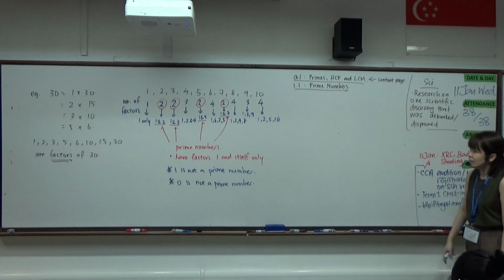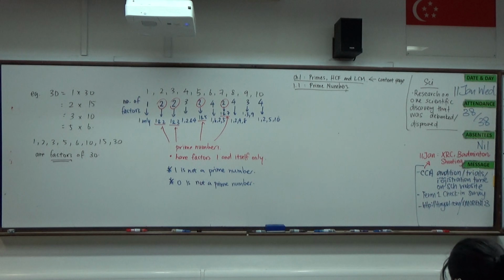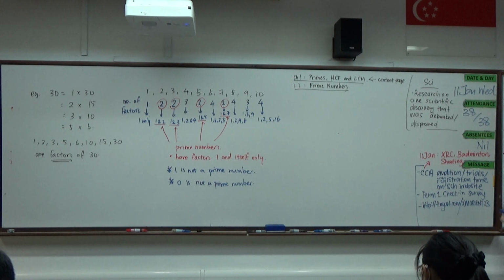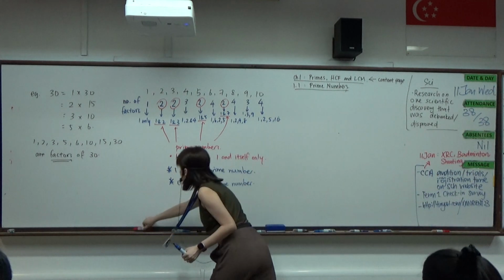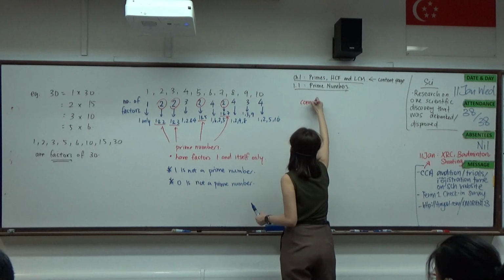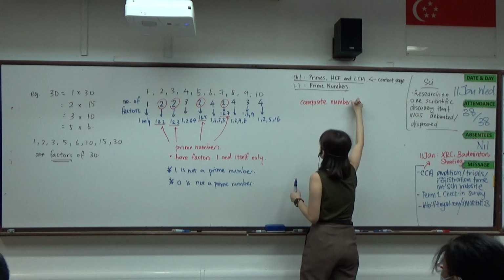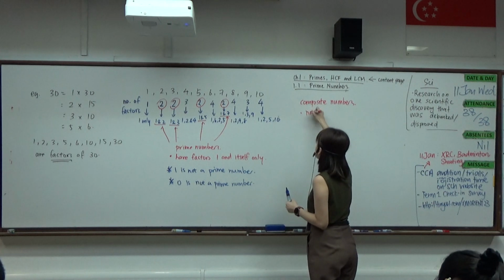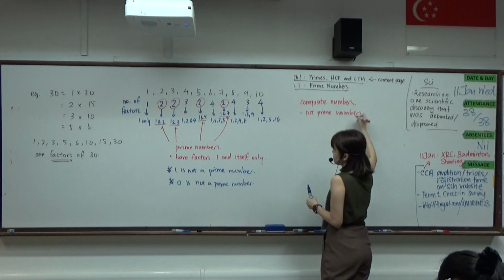Okay, so in case you're curious, other than prime numbers, we have this other thing called composite numbers. Composite numbers are numbers that are not prime numbers. We use the red marker. They are numbers that are not prime numbers.